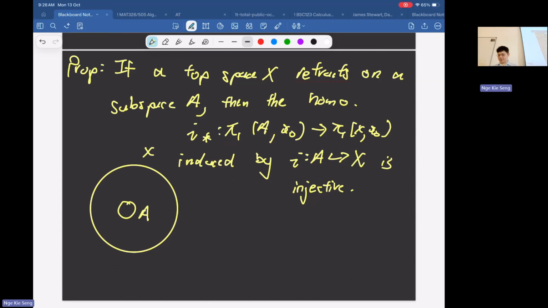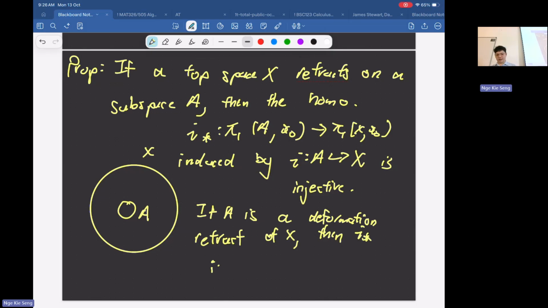So when is it an isomorphism? If A is a deformation retract, meaning you have a homotopy for this retraction, then this inclusion is actually an isomorphism. What's left is surjectivity. Why will surjectivity work?